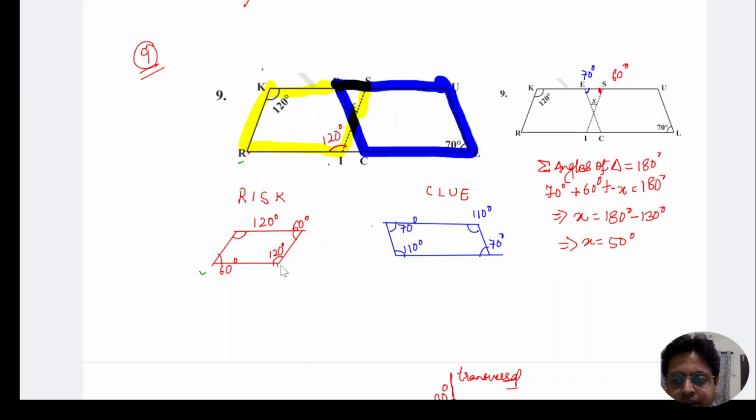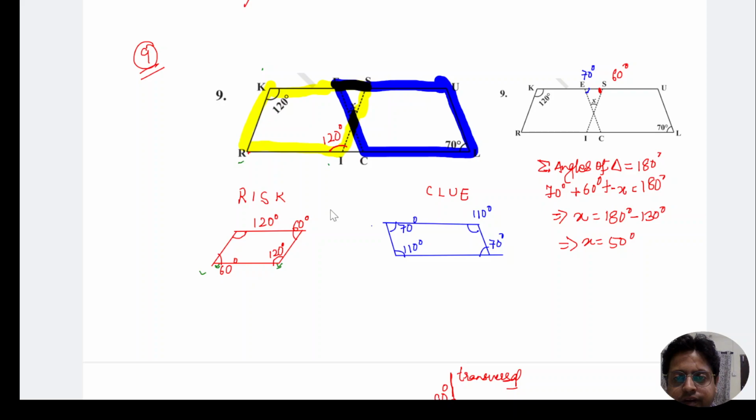Now by the property of parallelogram, we know that adjacent angles are supplementary. So this angle is going to be 60 degrees, since 60 plus 120 is 180. Using the property that opposite angles are equal, this angle is also 60 degrees.